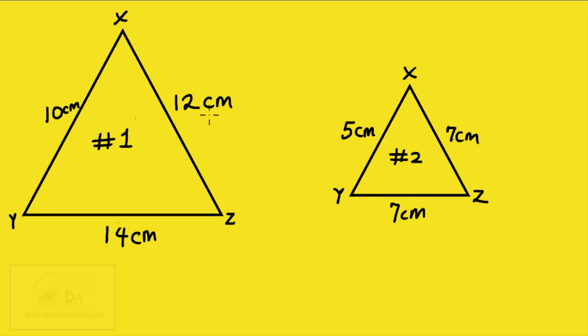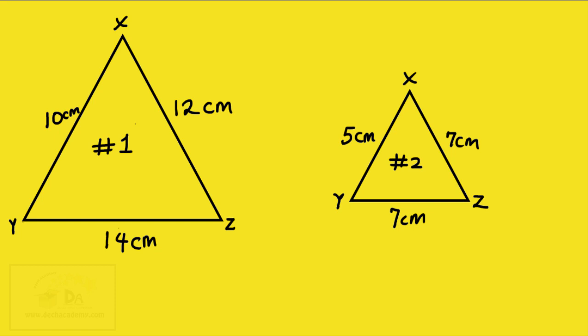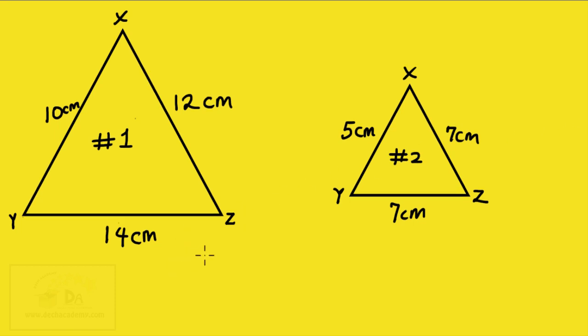Now, the question I'm going to ask is as follows. Are these two triangles similar? Or rather, let's just focus on the first condition for similarity. Are the corresponding sides of these triangles in the same ratio? So what I'm going to do is find out the following ratio. XY in triangle 1 divided by XY in triangle 2.